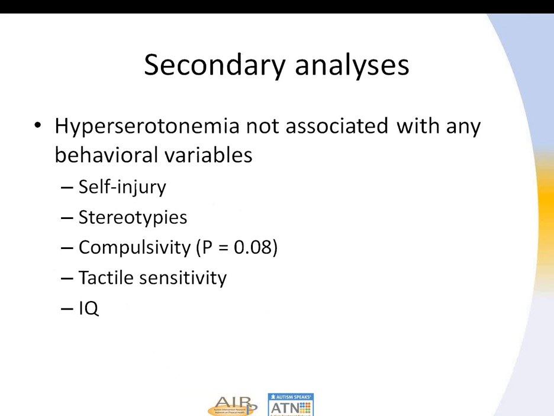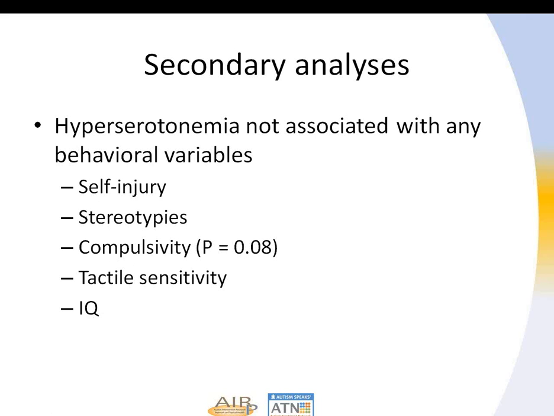significance. We also were interested in looking at other potential behavioral variables that may relate to serotonin levels and have related in some previous studies. We saw no statistically significant relationship with self-injurious symptoms, with stereotypies, with tactile sensitivity, with IQ, only a trend relationship with compulsivity, which you recall was associated with the rare serotonin transporter variant in the population that was looked at in those linkage studies.